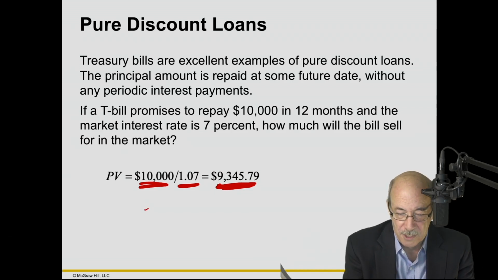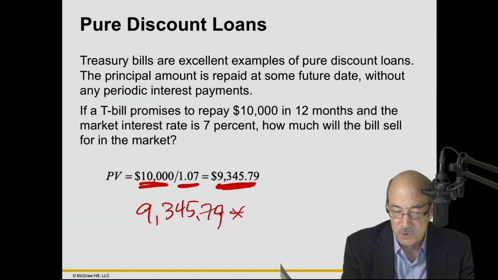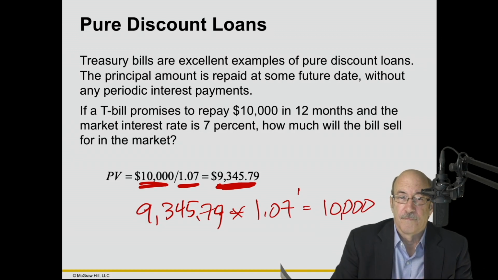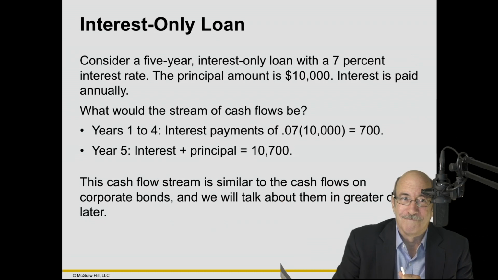So if you were to take 9,345.79 times 1.07 raised to the 1, because it's 1 year, you would get exactly $10,000. Okay? Easy peasy.